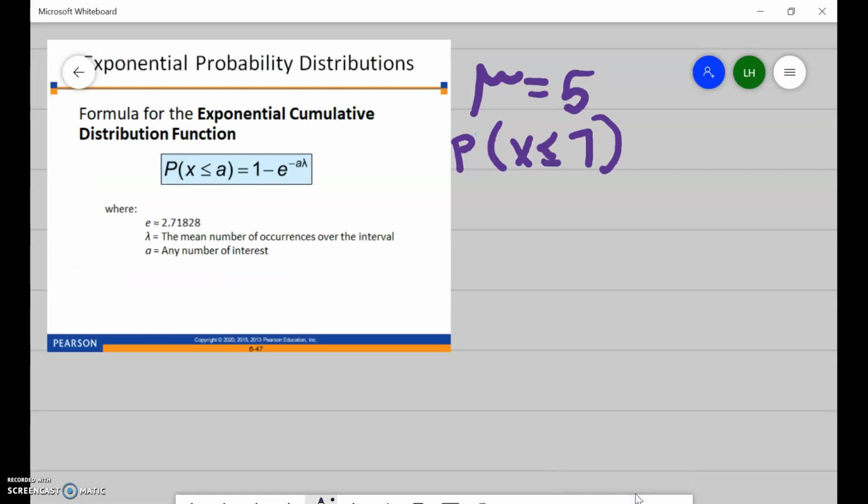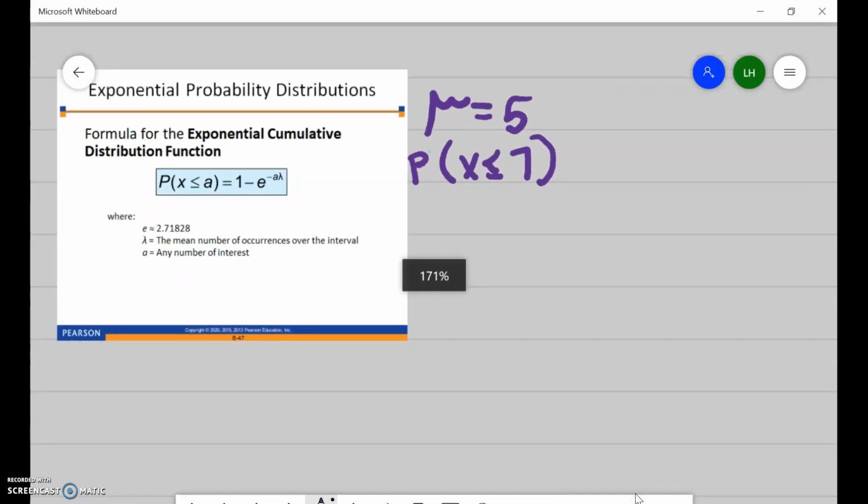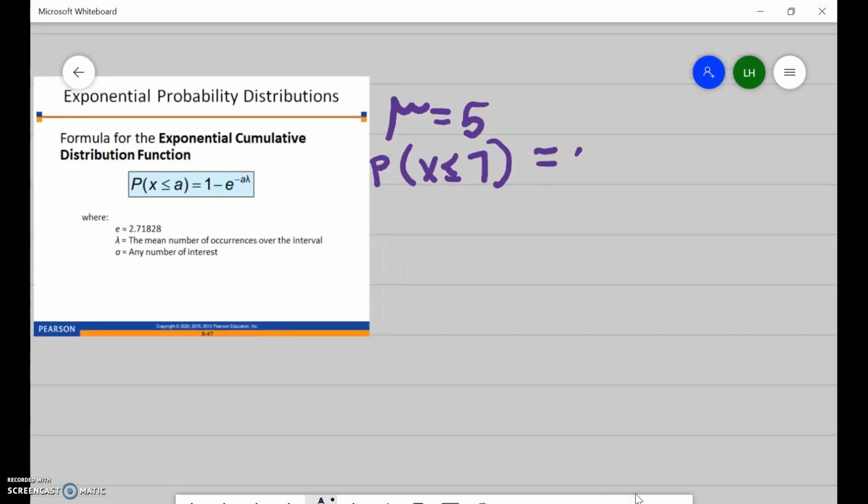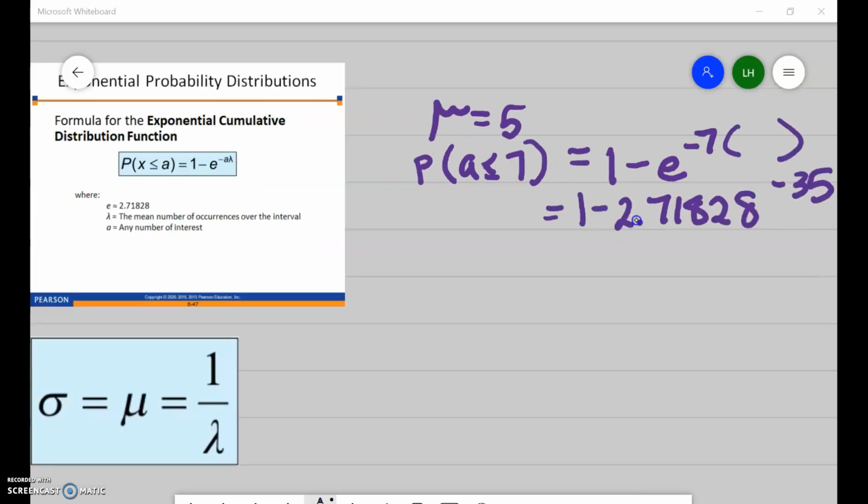So we're going to plug into our formula 1 minus e to the negative, and I'm used to using X, but it's A, to the negative 7.